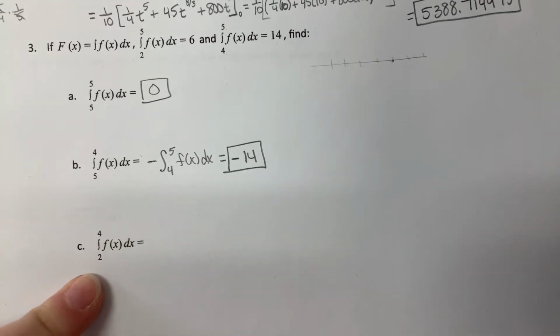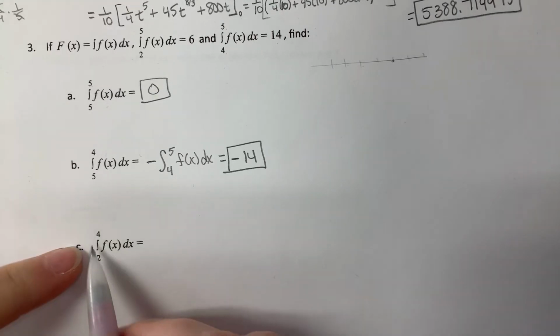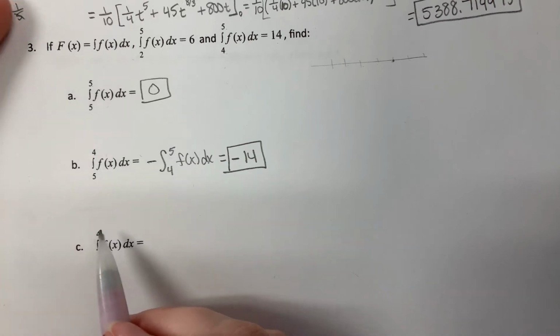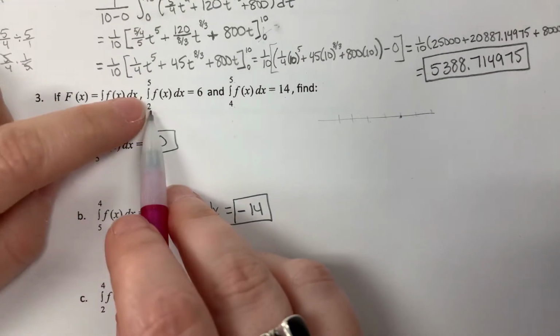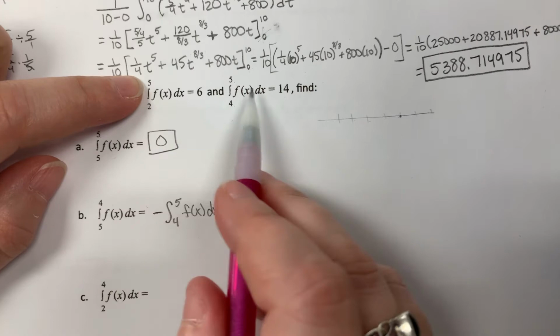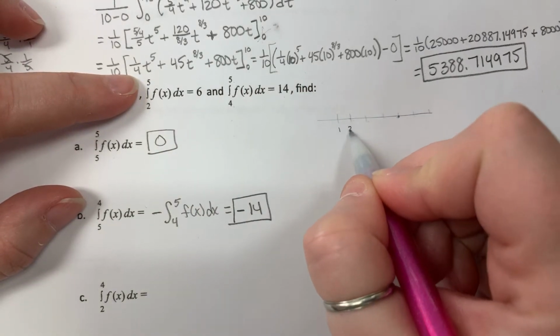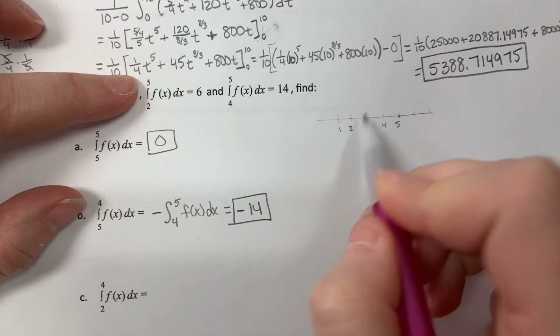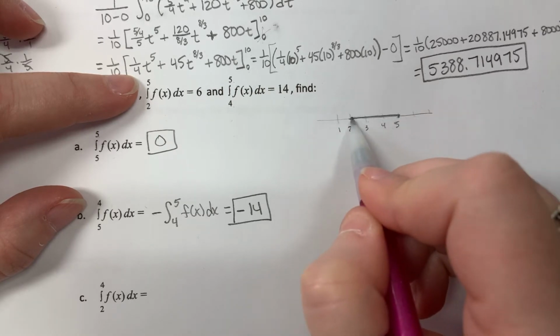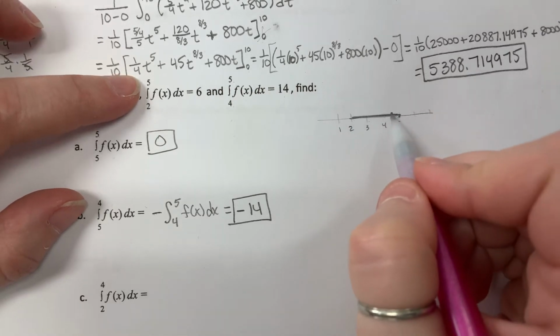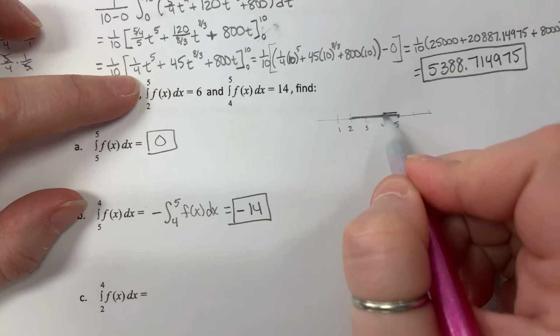Okay, this one is saying I want to know what the integral from 2 to 4 is. Well, if you look at what I gave you from 2 to 5, and then I gave you from 4 to 5. So here's 1, 2, 3, 4, 5. I gave you from here to here, that area. And then I also gave you from 4 to 5, this area.